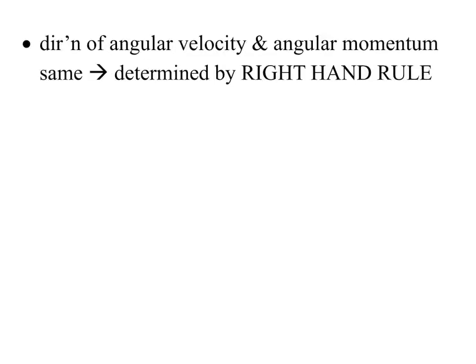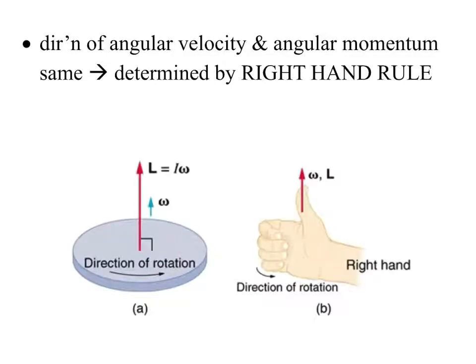And how the heck are we going to determine the direction of angular velocity and angular momentum? We're going to use something called the right-hand rule. And so we're going to move our fingers in the direction of rotation, and that's, of course, on our right hand. So if the direction of rotation is counterclockwise, we're going to spin our fingers around counterclockwise, and we'll see that our thumb is pointing up.